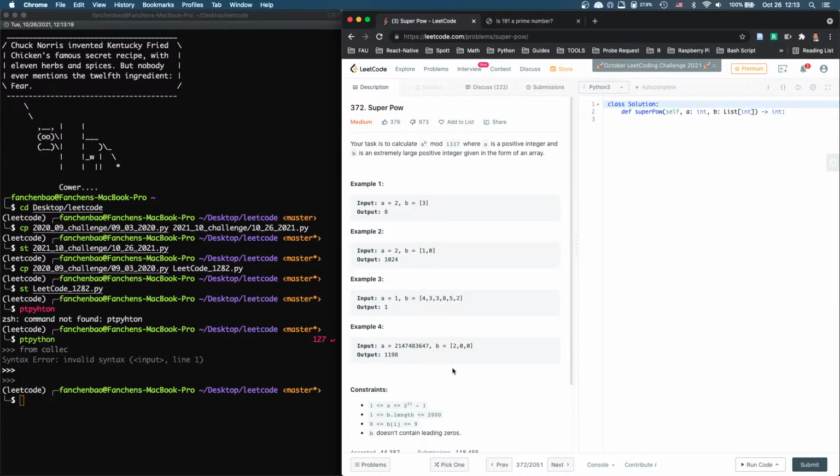Are you telling me that any value, if its power, it just times itself, mod another value, can we prove it will be the same as this value mod, if it's bigger than 1337?